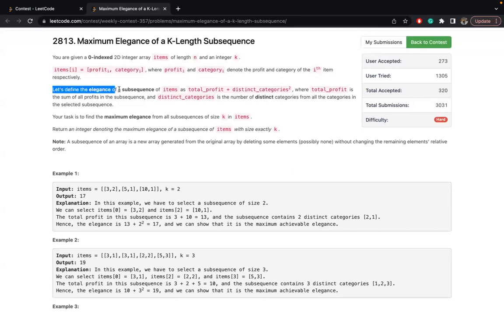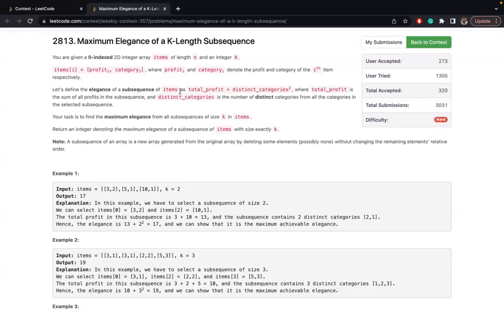Let's define the elegance of a subsequence of items as total profit plus distinct categories squared. Total profit is the sum of all profits, meaning profit[i]. So you have to sum this and find all distinct categories for all items in the subsequence.